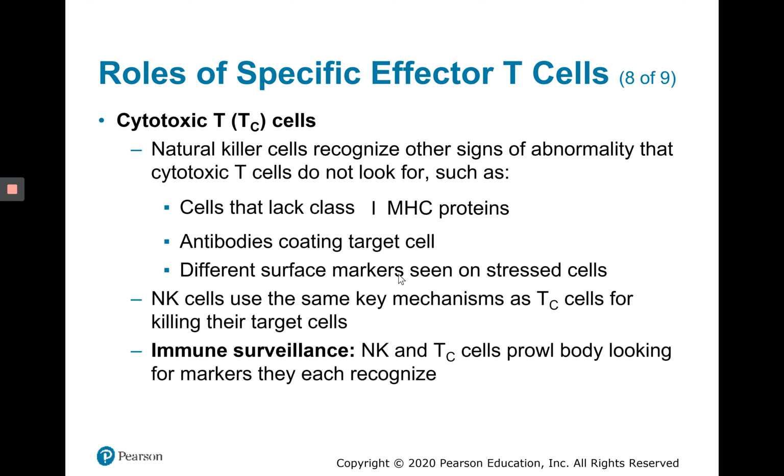Natural killer cells can also recognize antibodies coating a target cell, as well as different surface markers seen on stressed cells or abnormal cells. So while NK cells are able to use the same mechanisms as cytotoxic T cells for killing their target cells, their immune surveillance is slightly different. The NK and TC cells, or cytotoxic T cells, still both prowl the body looking for markers that they each recognize.